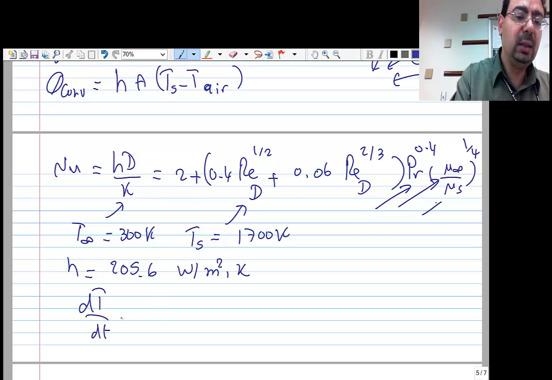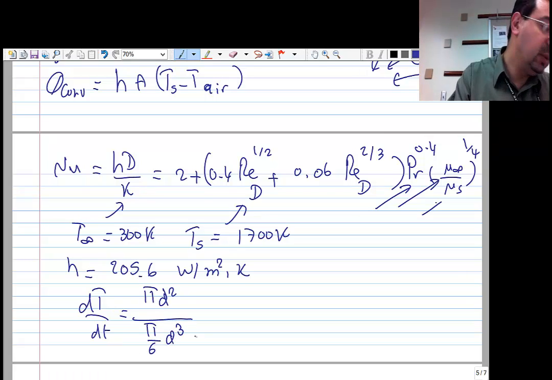So it will turn out that dT by dt is the area, pi d squared, over pi over 6 d cubed, that's the volume, times rho CV, and over here you have Q convection and Q radiation.